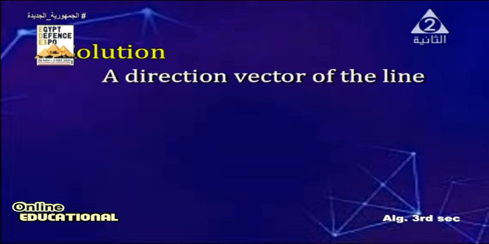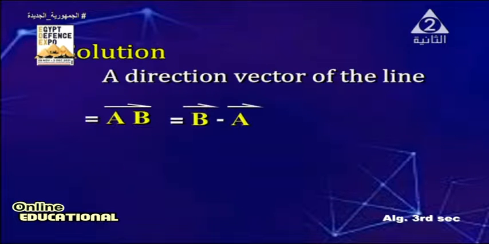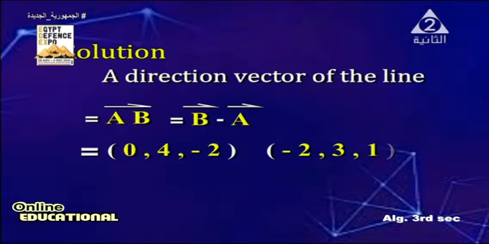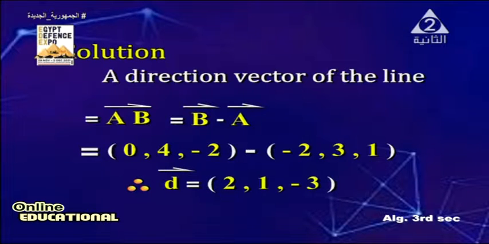Thus, look at the solution. Direction vector AB equals B minus A. Therefore, we put the coordinates of point B minus the coordinates of point A, then the direction vector is 2, 1, negative 3.